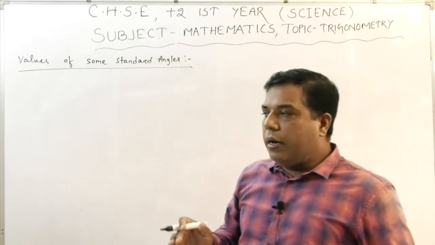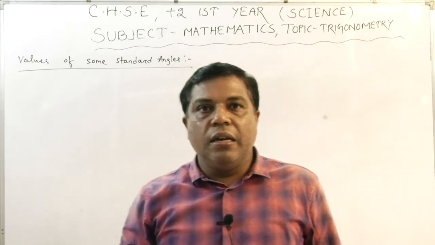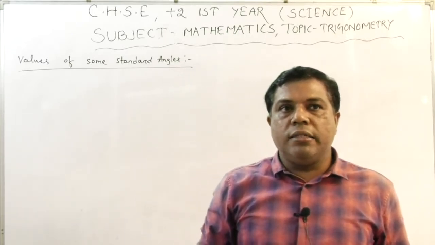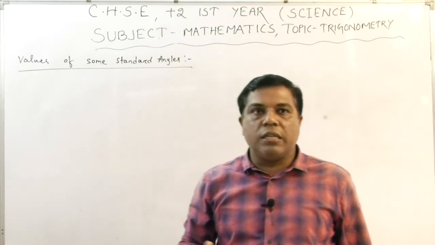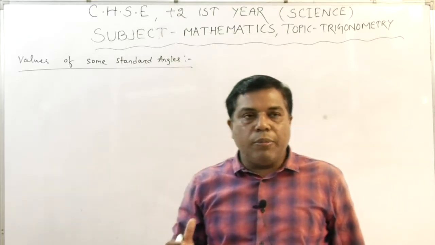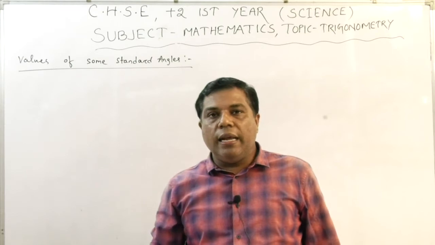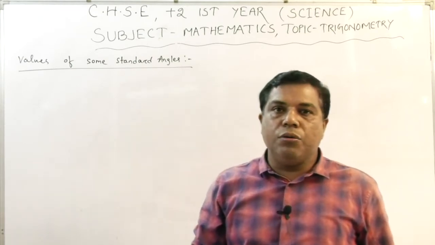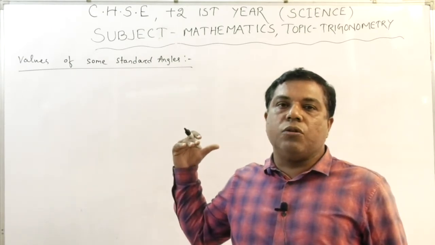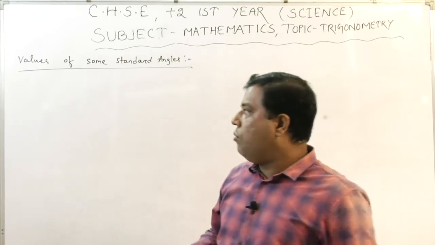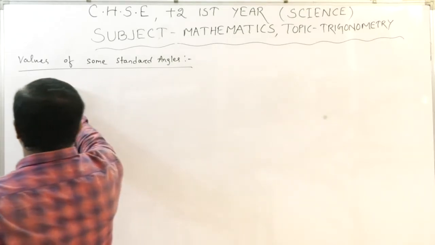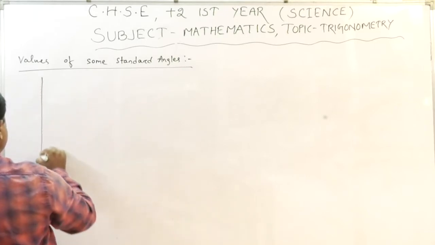For your concept, I am giving a chart which will enhance your knowledge, and you can verify also that the standard angles take certain values based on that basic rule, ASTC. Okay, so you see the values of the standard angles.